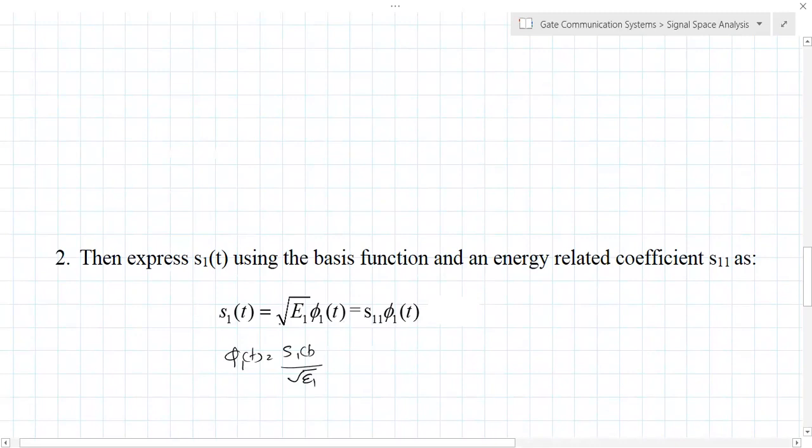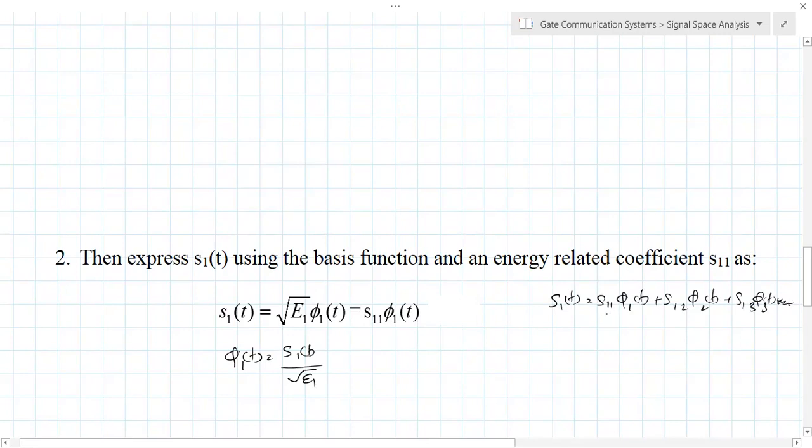So actually this term represents the first coefficient S11, because when you write S1 of t, it will be S11 phi 1 of t plus S12 phi 2 of t plus S13 phi 3 of t plus etc. So we don't know how many orthonormal functions. Anyway, maximum there will be 3 terms. Anyway, we need to evaluate.